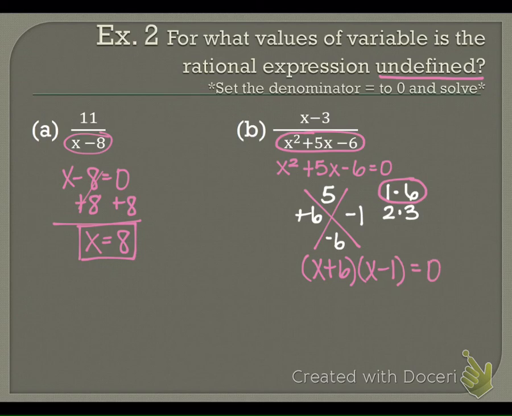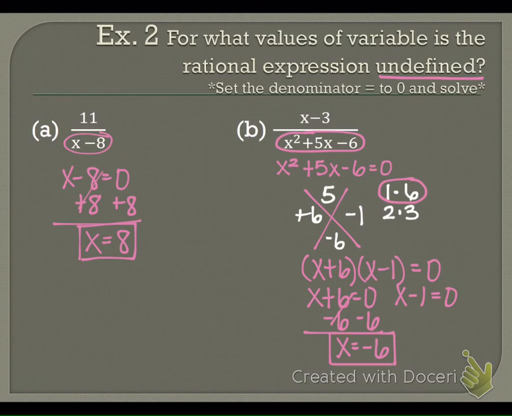So am I finished? No. What's my last step? Set them both equal to 0, and solve. So, how do I solve x plus 6 equals 0? Subtract 6 from both sides. Is x equal to 6?